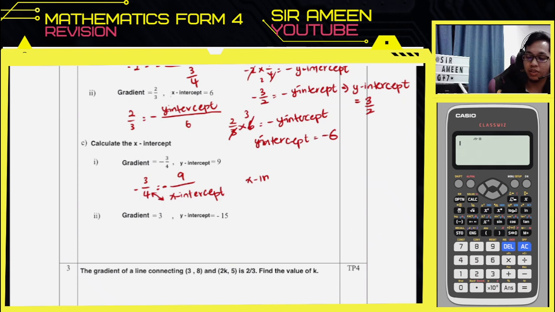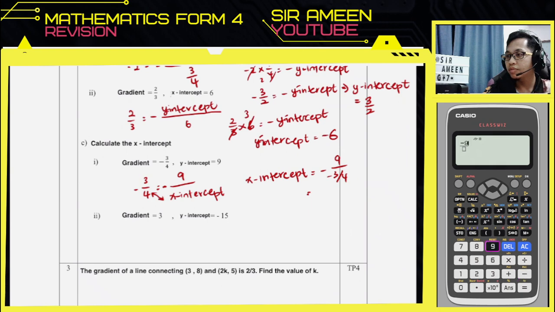So this one would be negative 9 over negative 3 over 4. You can also use your calculator. So negative 9 over negative 3 over 4, the answer would be 12.